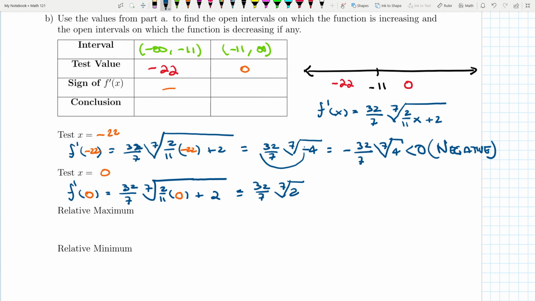Well, if you want, that's fine, but ultimately what we're looking at here is a positive number. So that is minus then plus, that means decreasing and increasing. In other words, this graph is going down and then going up. That means in this case, we are going to have a relative minimum.